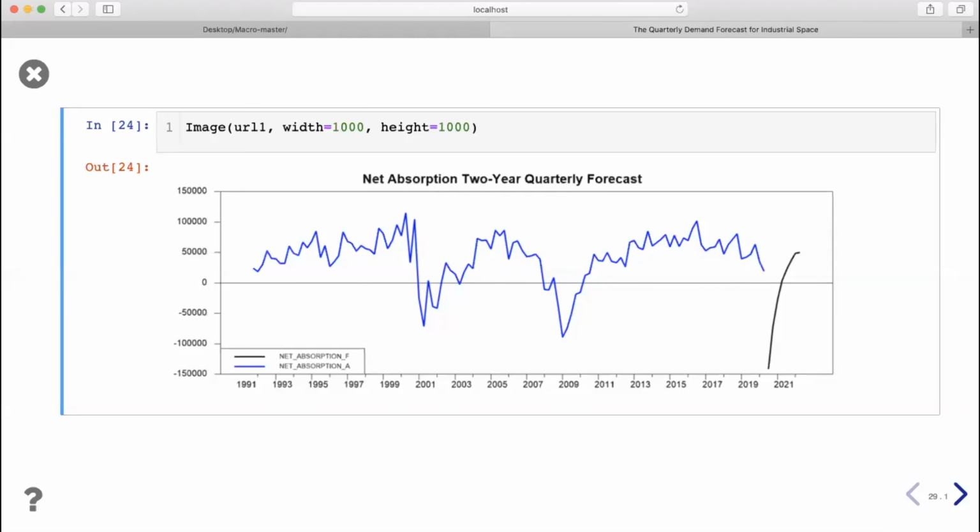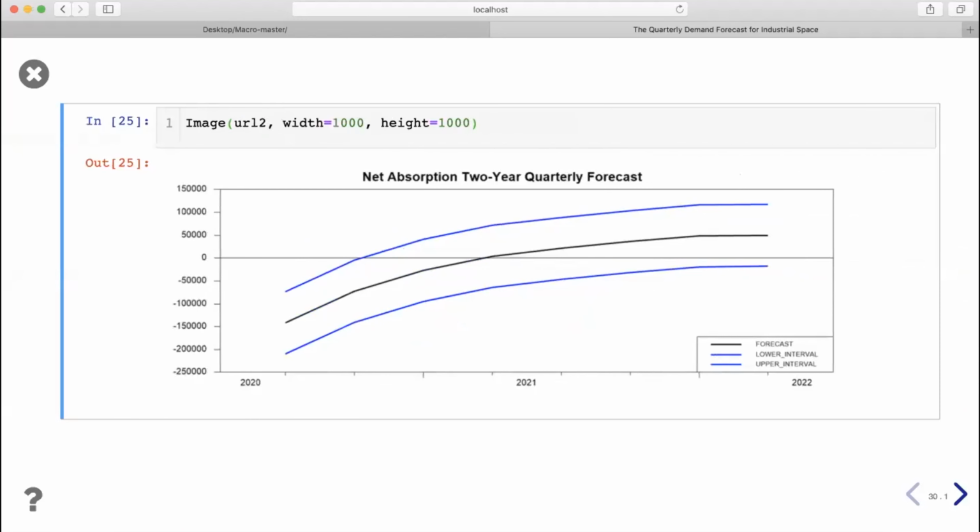Again, those of you who have taken my class know that that's the best forecast, but I can provide a confidence interval around it. And in blue here is an 80% confidence interval.